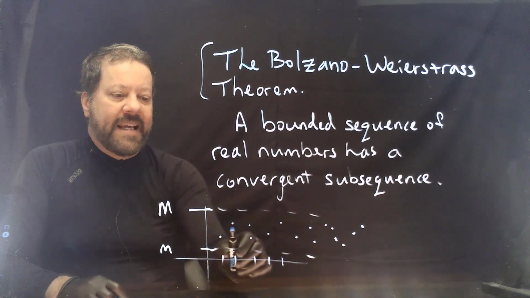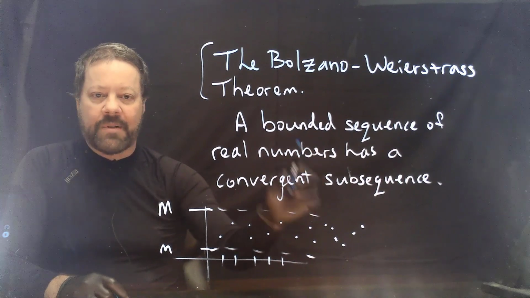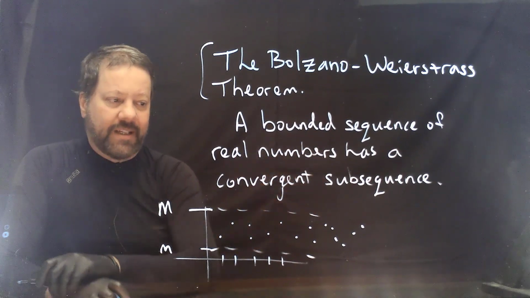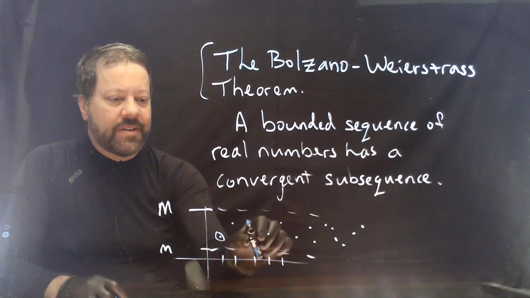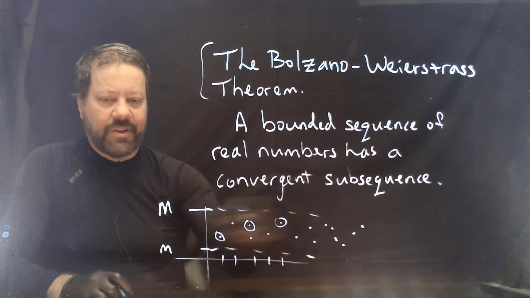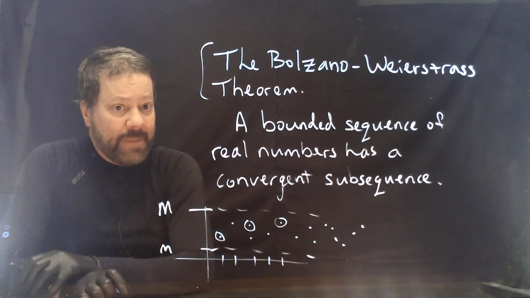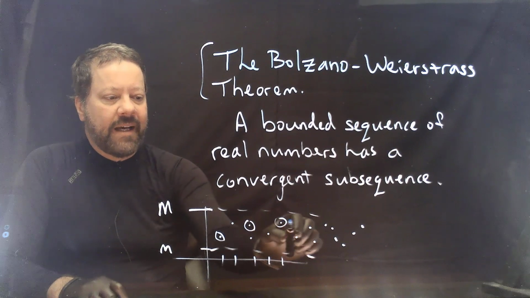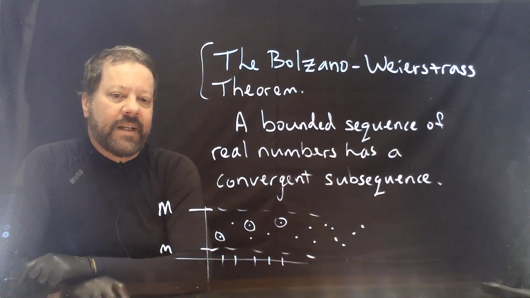And the idea being that if we have a sequence of real numbers that is bounded, lies within the bound, like this, we can construct a subsequence of those that get, say, bigger and bigger, monotone increasing. We can have a monotone increasing and bounded sequence, and that subsequence then would have to converge.